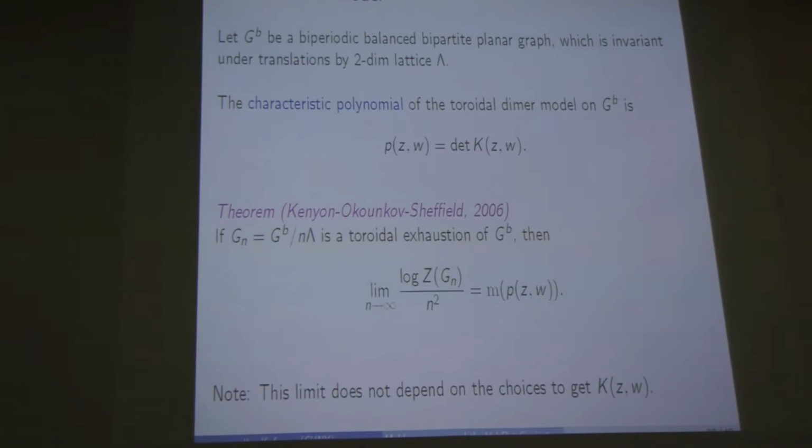So the Mahler measure of the characteristic polynomial is giving you the dimer entropy, the limit of the number of dimers divided by the number of vertices in a toroidal exhaustion. And the point of the proof is that this limit does not depend on any of the choices we made to get the Kasteleyn matrix.